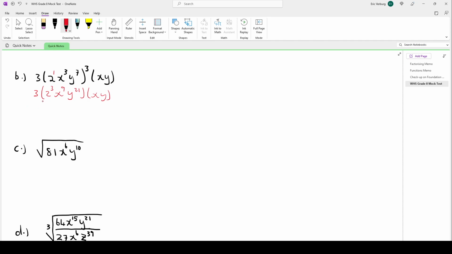Okay, so now we can times the numbers. So 2 cubed is 8, right? So 8 times 3 is 24. Then we multiply the x's. So x to the power 9 times x to the power 1. Then we add the exponents, right? So 9 plus 1 is 10. And then the y's. 21 plus 1 is 22. That's our answer.